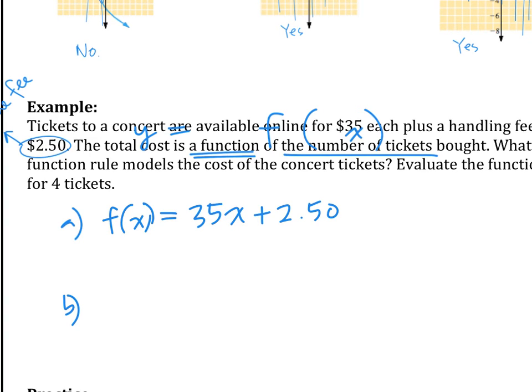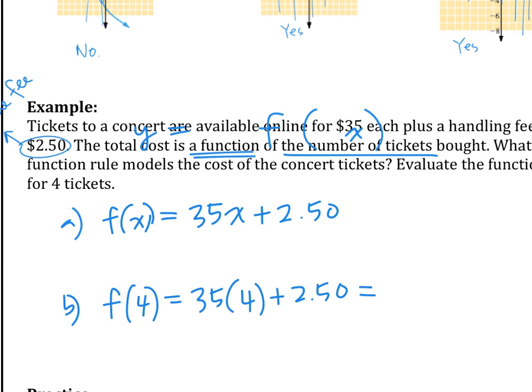Okay, second question. Evaluate the function for 4 tickets. So we want to figure out what it is for 4 tickets. So you put 4 into x. And that's going to be 35 times 4 plus 2.50. And what is that?